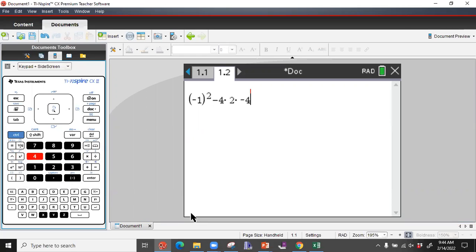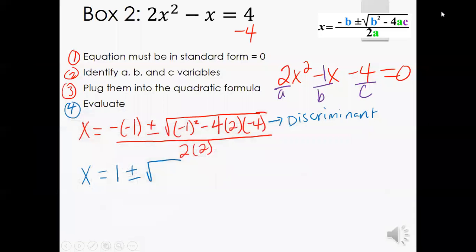That's what's underneath there, right? Yeah. So I type that in, hit enter, and what do I get? 33. Divided by 4. So we have our discriminant is 33.